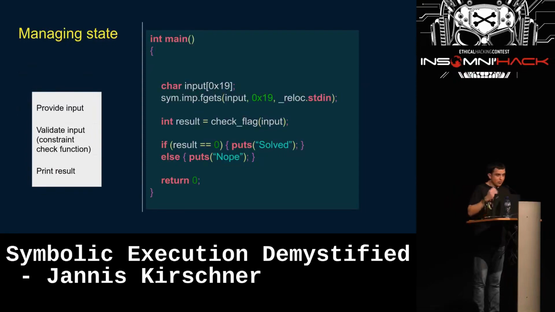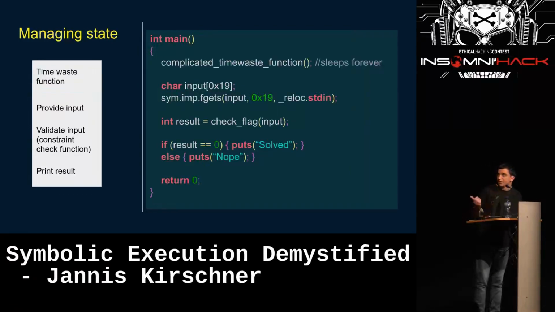This was a really, really simple example, and this is why I picked the Z3 robot CTF challenge. But there are sometimes a bit more tricky ones. For example, if you have a complicated time waste function before your actual code, which is just there to mess with you.